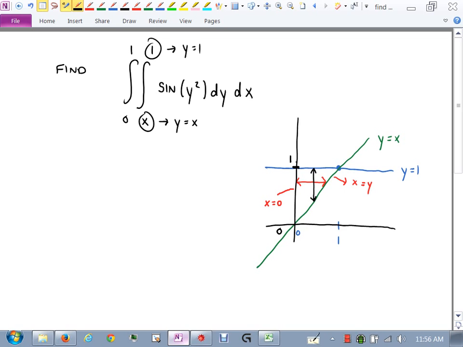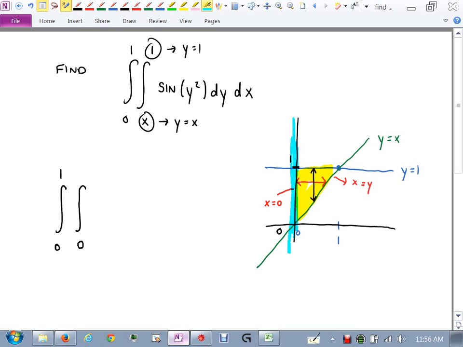So now my new integral becomes, first my restriction on y, which is still 0 to 1. But instead of going from x to 1, like up there, I'm going to go from where? What's the bottom one over here? When I say the bottom one, I'm talking about this one right here. x is 0.